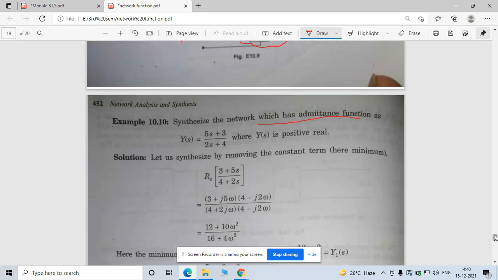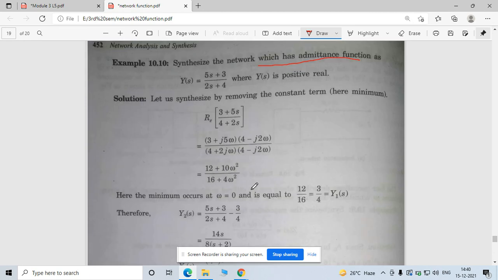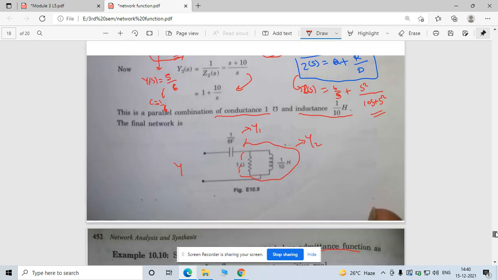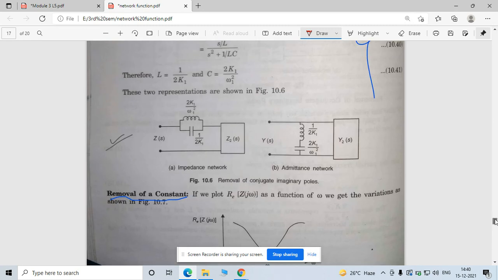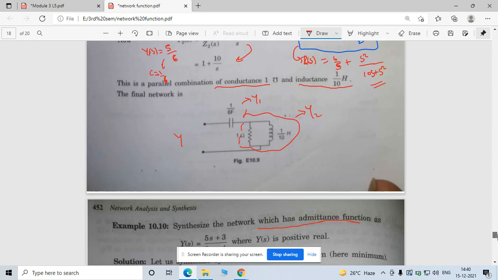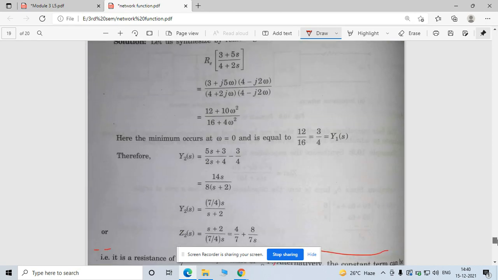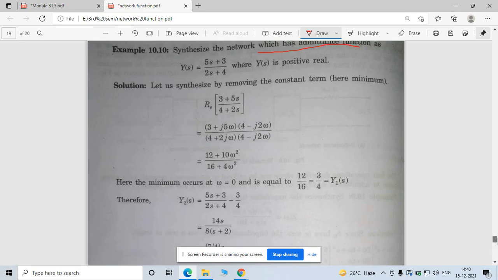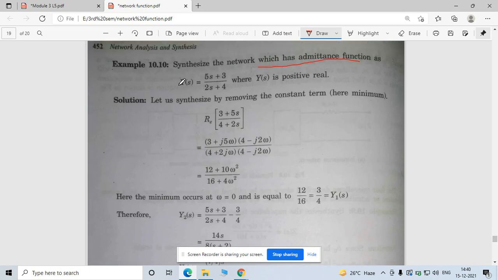In the first method, when you put the frequency term zero here, see, when you put omega value as 0, what you will get is that your impedance is getting minimum at this omega. That's why when I put the omega value as 0, there is some constant you will get, and that constant directly represents your conductance for this admittance function.